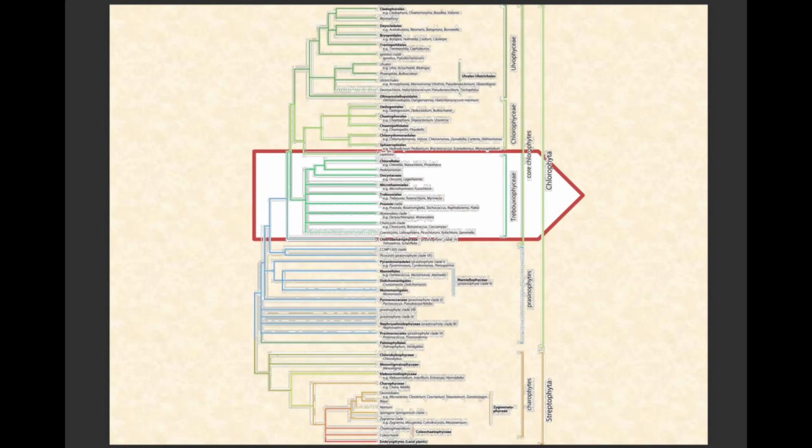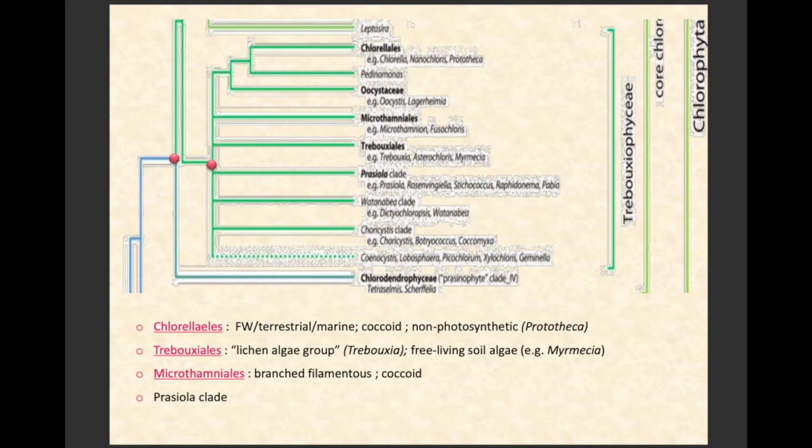Ang dami kasing kwento. Ayan, ito yung ating Trebouxiophyceae. Again, part of the UCT core group of your chlorophytes. We have your different groups: Chlorellales, Trebouxiales, Microthamniales, and your Prasiola clade.